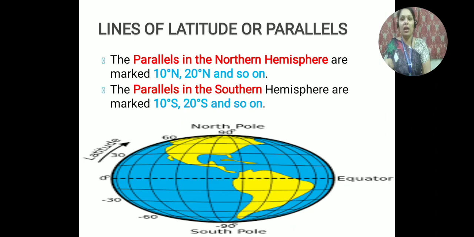So these are all known as lines of latitude. The parallels in the northern hemisphere are marked 10 degree north, 20, 30, 60, 90 degree north, and towards the southern hemisphere 10 degrees south, 20 degrees south, and so on. We move on marking the degrees.